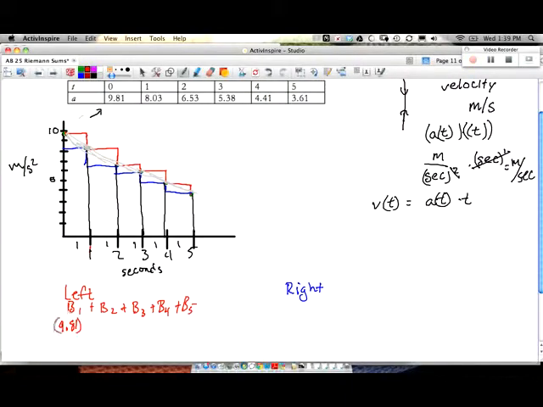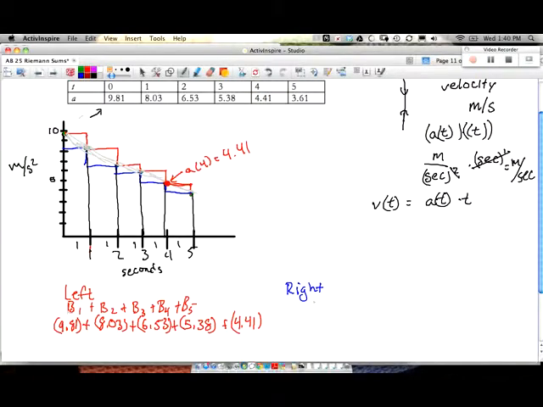So it's 9.81 plus the next one is 8.03 plus the next one is 6.53 plus 5.38, and then the last one here, because it's right at this corner, what's that height? A of 4 is 4.41. There we go, so it's going to be plus 4.41.